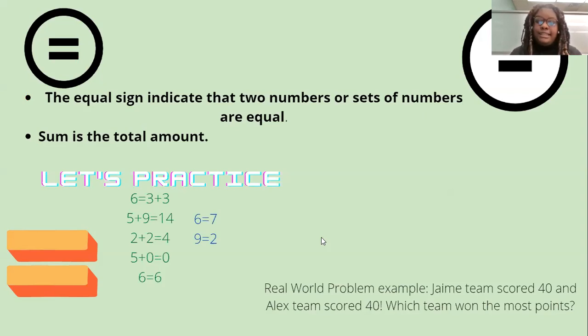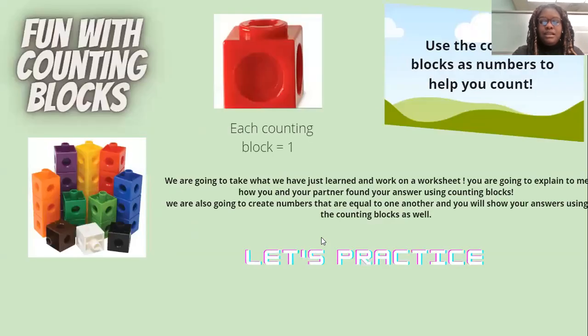So let's practice. Let's do 5 plus 9. One way that we could show 5 plus 9 is by using counting blocks. So counting blocks are basically blocks like the red block that's on the screen, and each block equals 1.